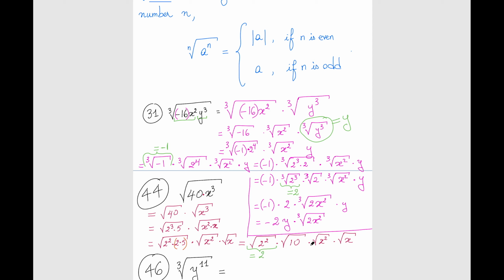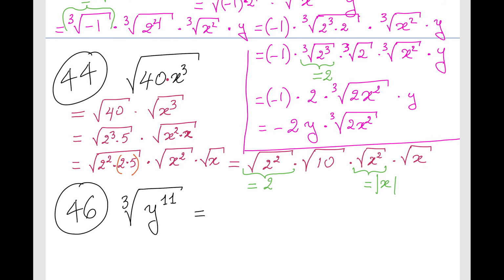How about this? Well, this is very much the same, but this time it's x. The index here is 2. Second root of x squared. N is 2, which is even. I'm going to get the absolute value of x. Correct?